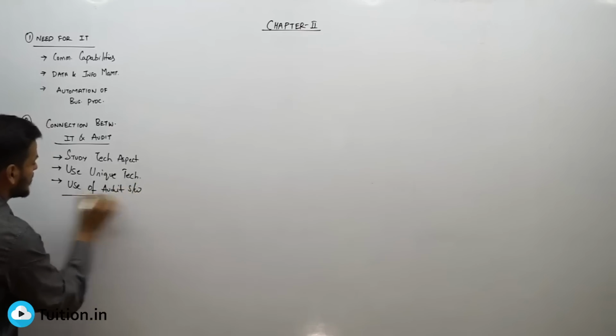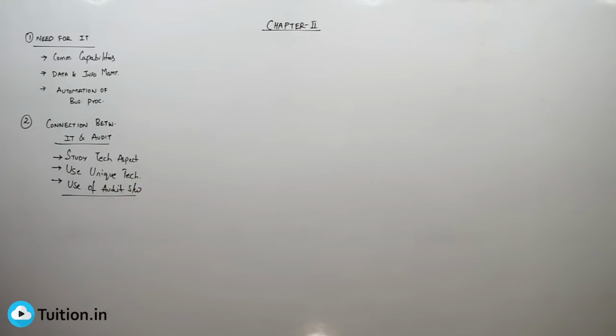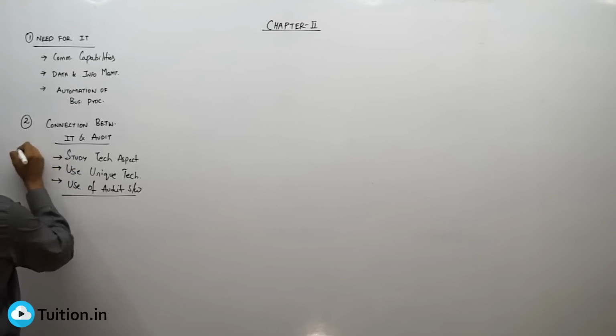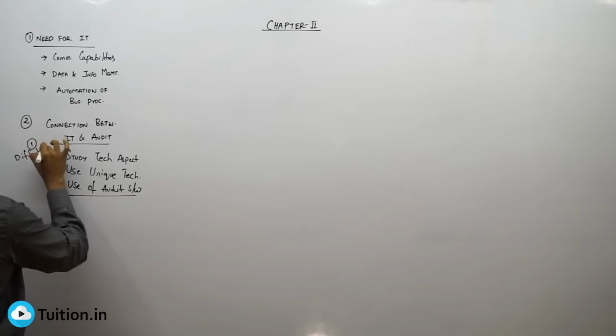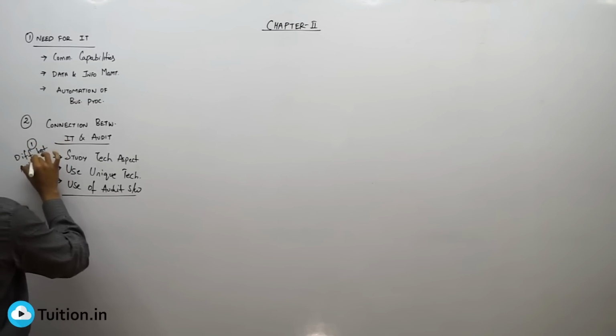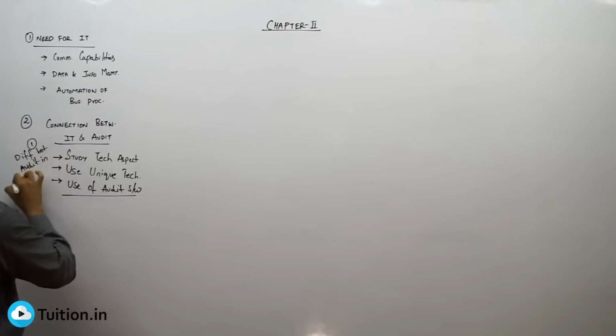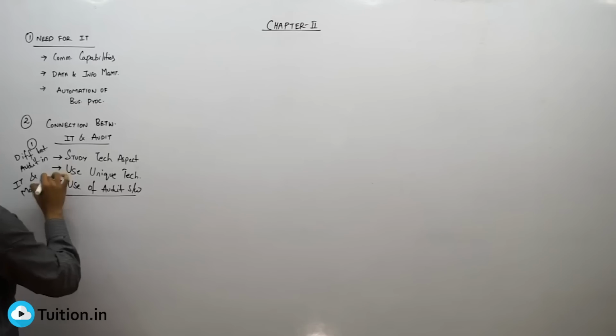Now these are the 3 concepts, right? What you see right now on screen, the 3 concepts, they are pretty much different when compared to what you see in audit procedures in IT and in audit. So this is the first concept here, the difference between audit in IT and manual environment, right?